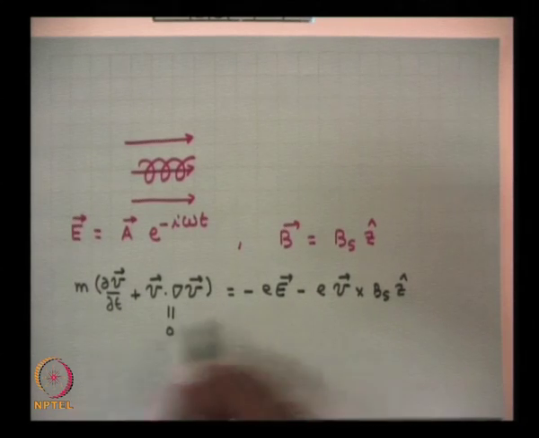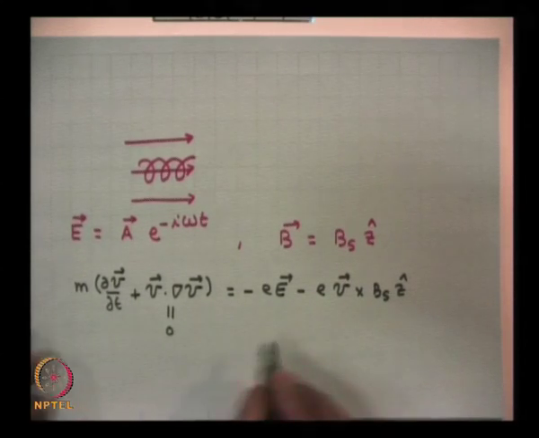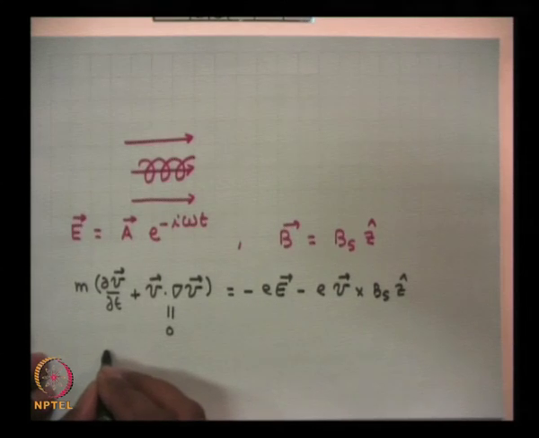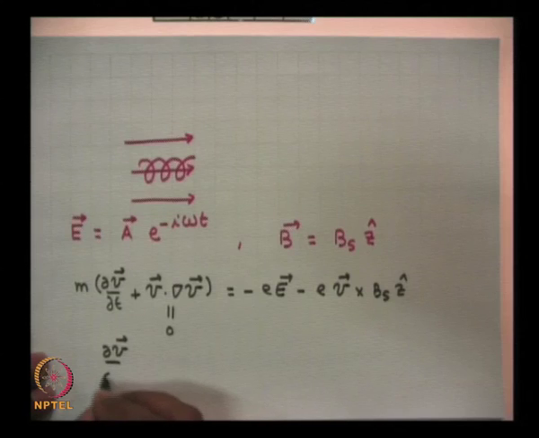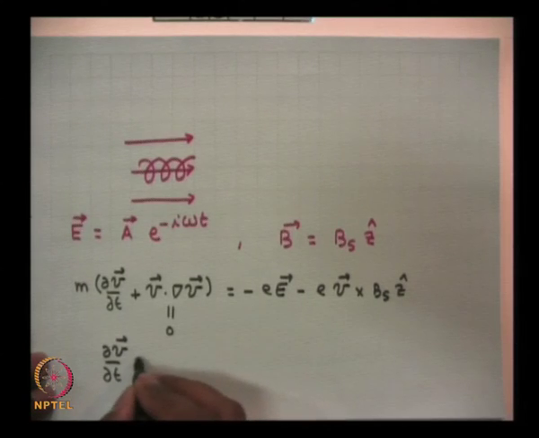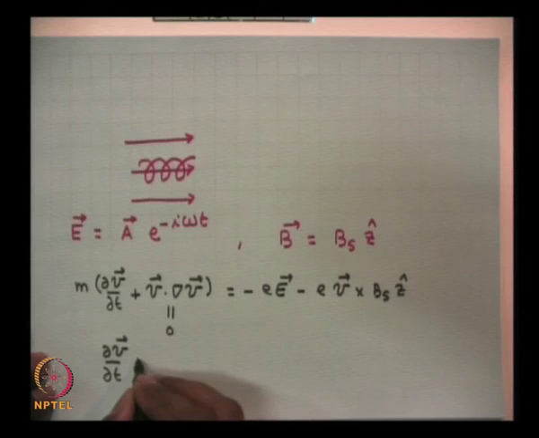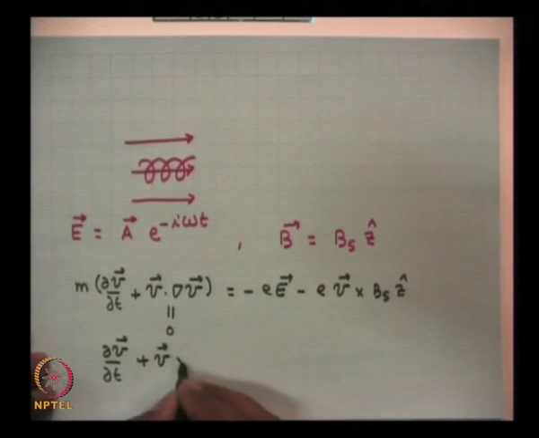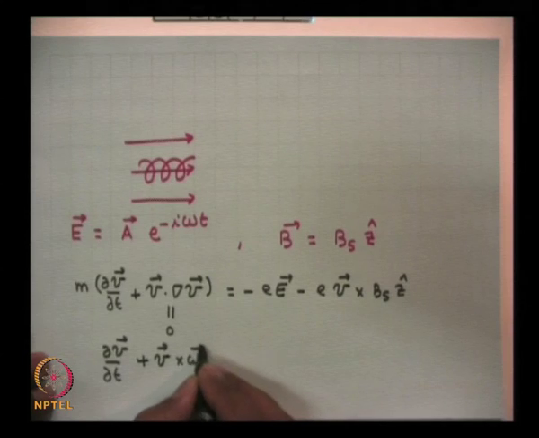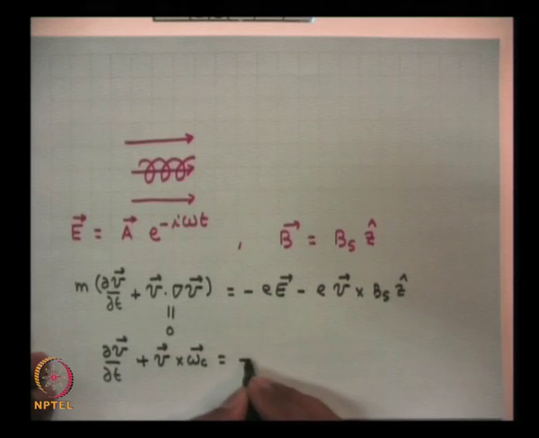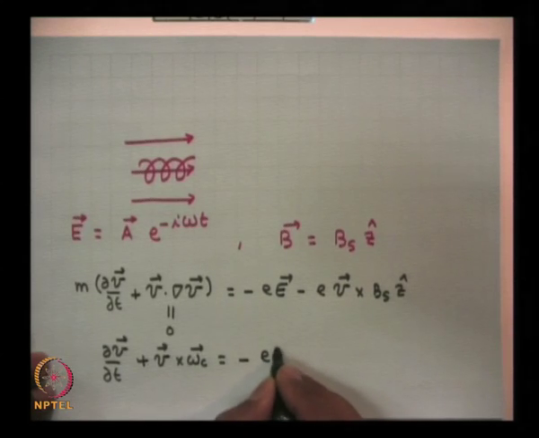So, if I divide this equation by m, my equation becomes delta V by delta t, and I will take this term on the left hand side. So, it becomes plus V cross omega c is equal to minus E upon m.